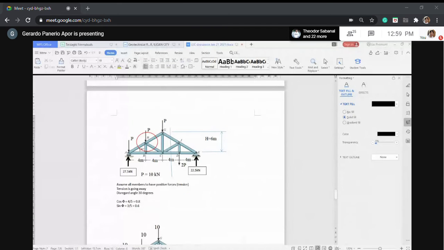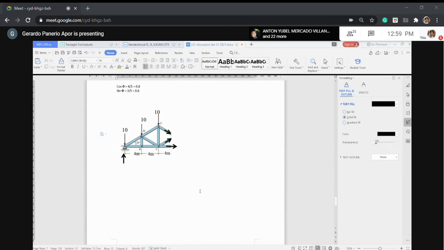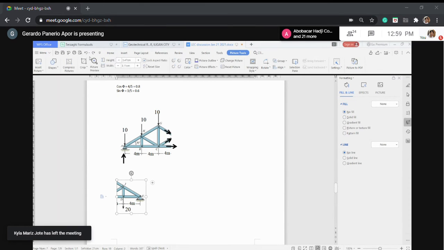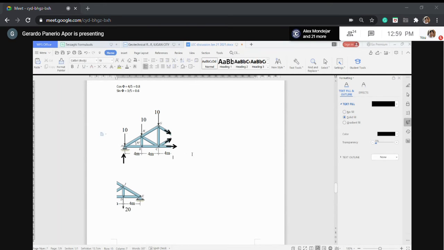What happened to the other structure? Well, the other structure will be like this. I will just remove this.